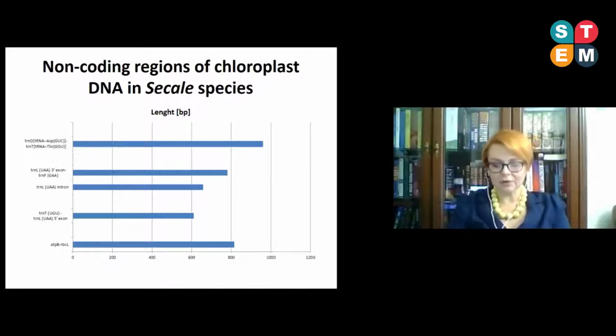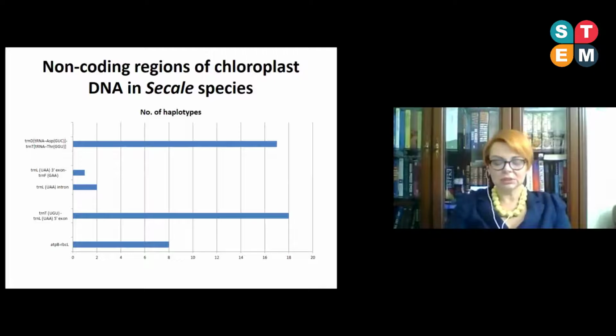The length of the product obtained correlates in most cases with those from other species, except for the TRNTL non-coding region, which was longer than expected, longer than in other species.